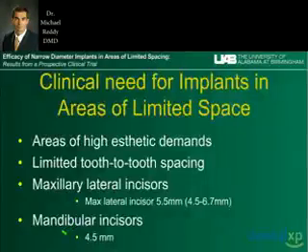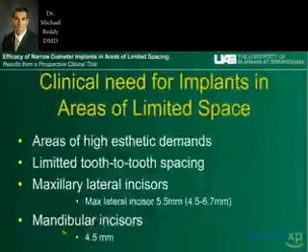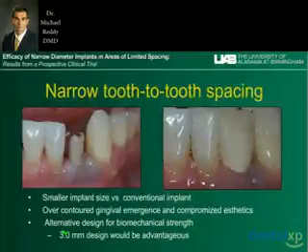The problem is even worse for mandibular incisors, where the normal width of that crown space, interdental space, is about 4.5 millimeters. So that becomes a great problem. This is illustrated in this slide.